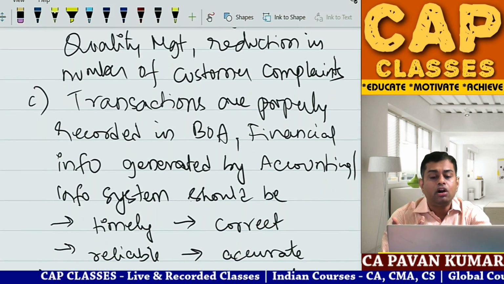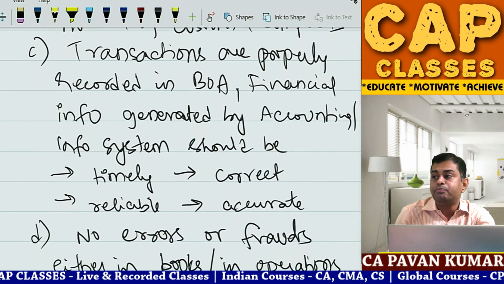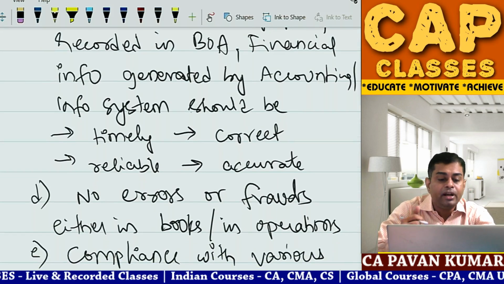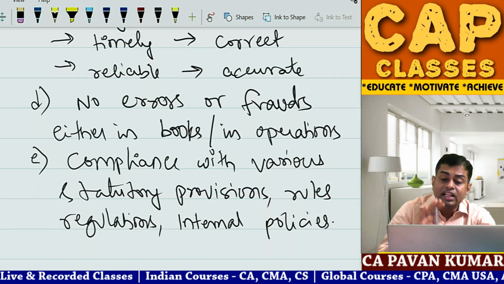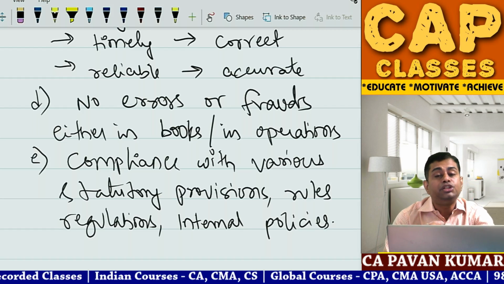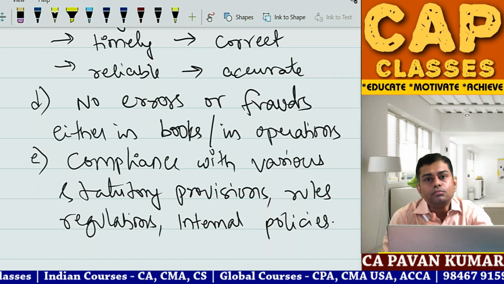Transactions are properly recorded in books of account. Financial information generated by the accounting or information technology system should be timely, correct, reliable, accurate and complete. No errors or frauds, either in the books of account or in operations. Compliance with various statutory provisions, be it GST, be it tax, be it TDS.